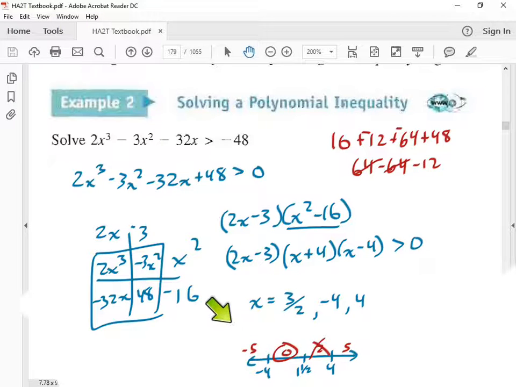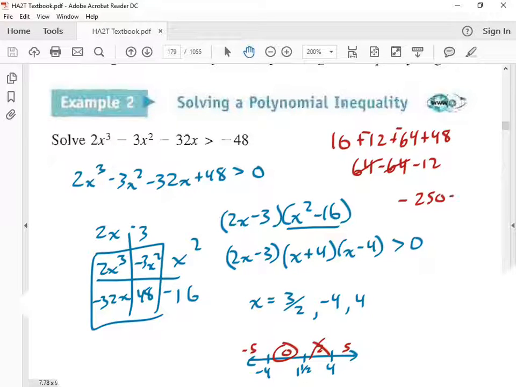Oh, negative 5 is big. I don't want to try negative 5. What's negative 5 to the third power? Negative 125. And then I have to multiply it by 2. Negative 250. All right, so I get negative 250 for this first term. I plug in negative 5 to this one. That's going to be positive 25. Positive 25 times 3 is going to be positive 75.